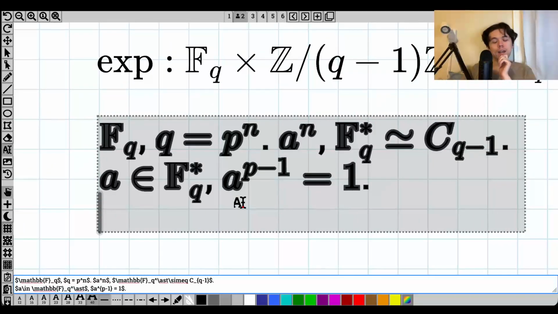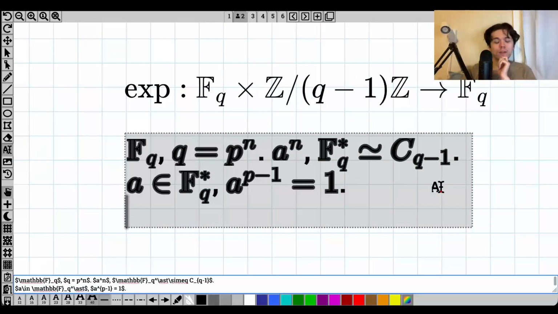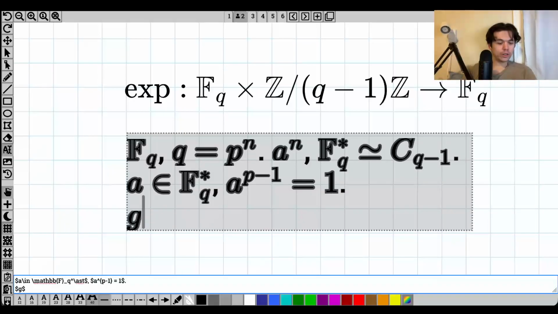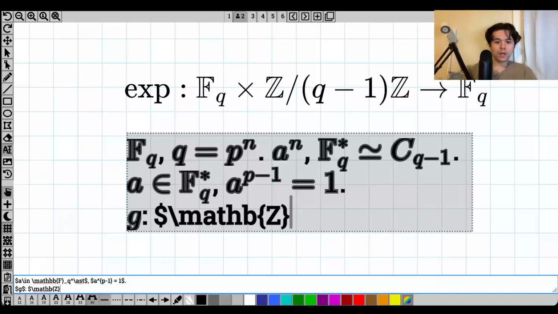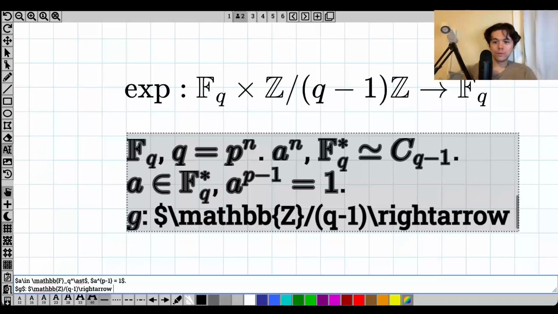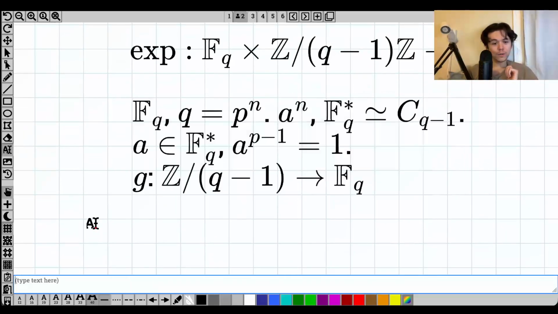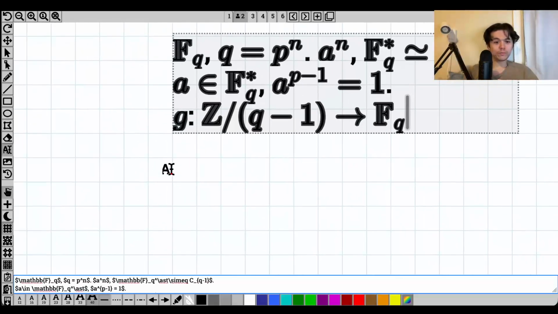And so what we get is that exponentiation, once we've chosen a base, some element which we usually call g, is a map from the integers mod q minus 1 back to our field F_q. And hopefully our g is non-zero or primitive.